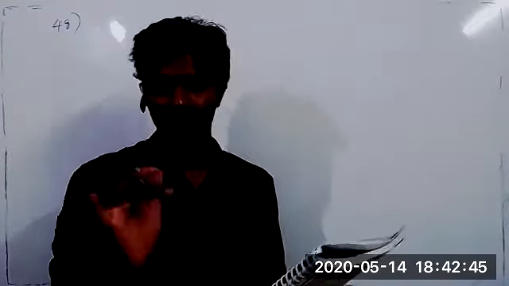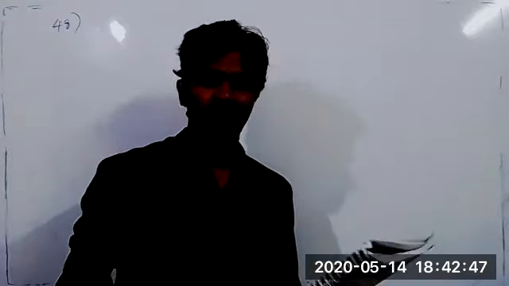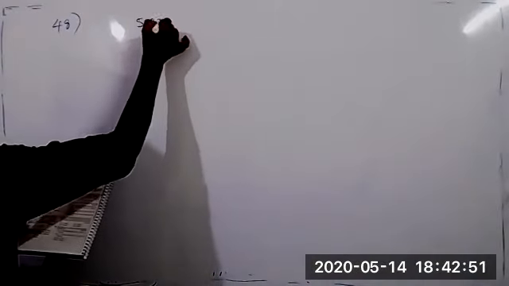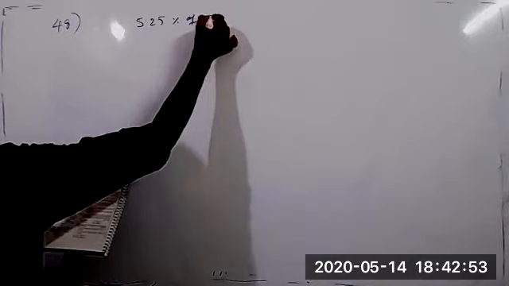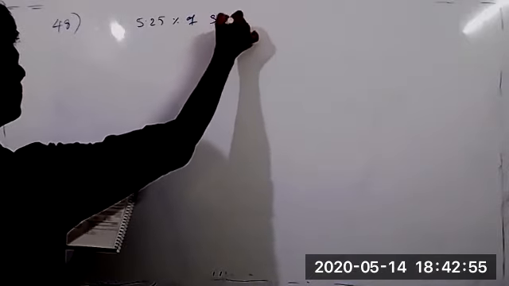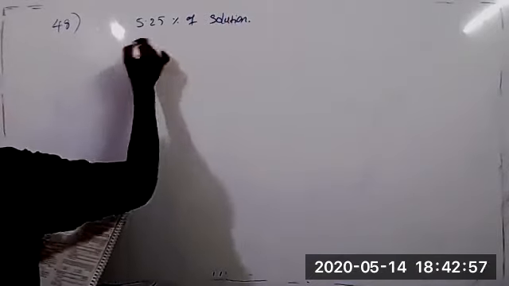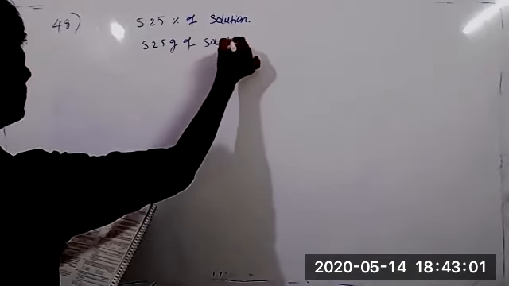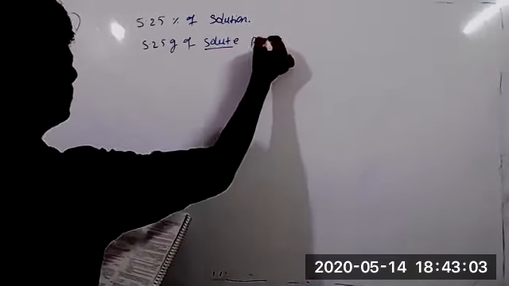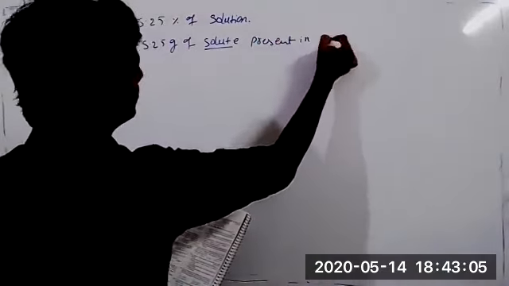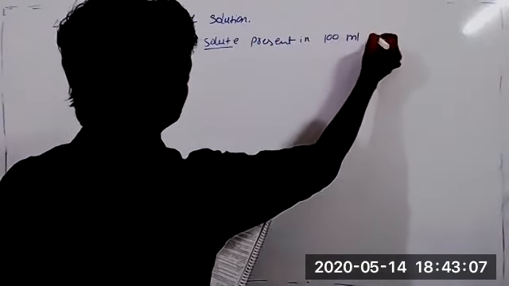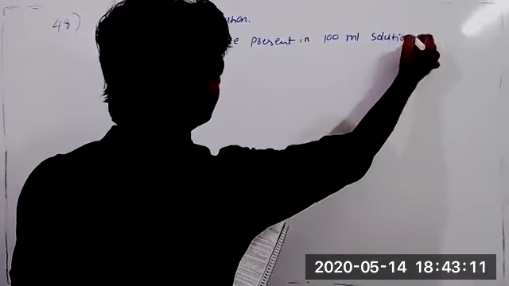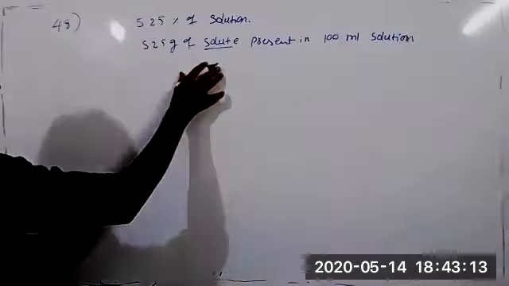We don't know what the solute is; that solute's molar mass we have to calculate. 5.25% solution means 5.25 grams of solute present in 100 ml solution.